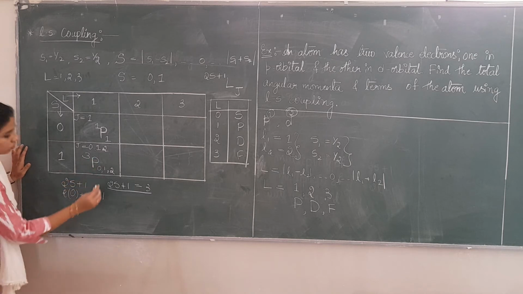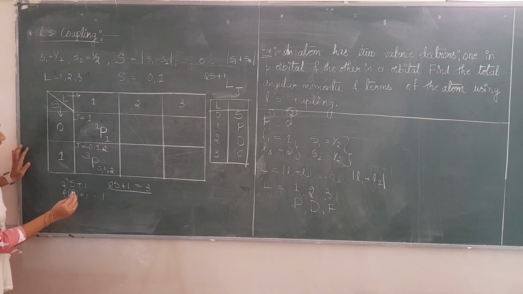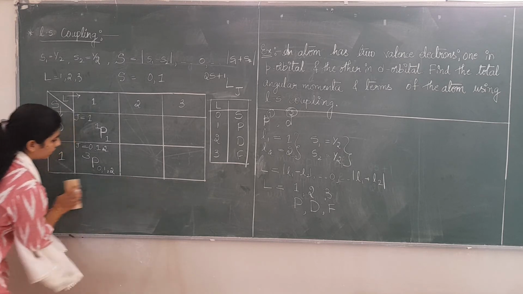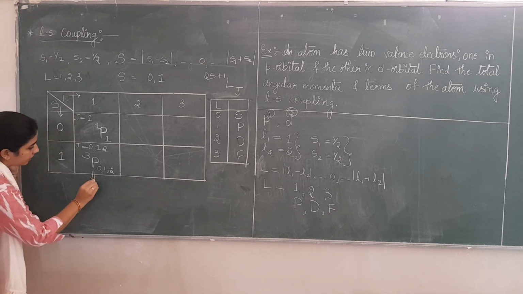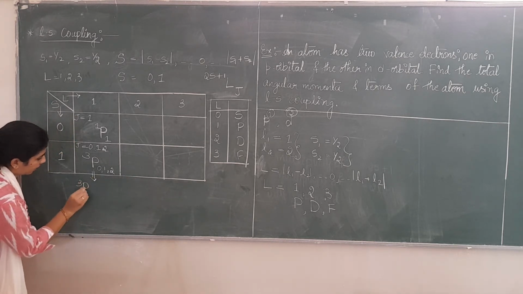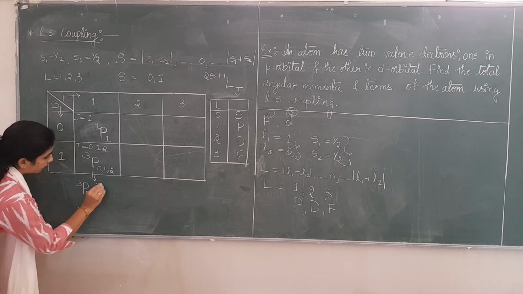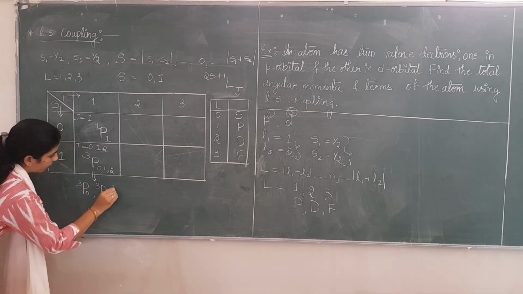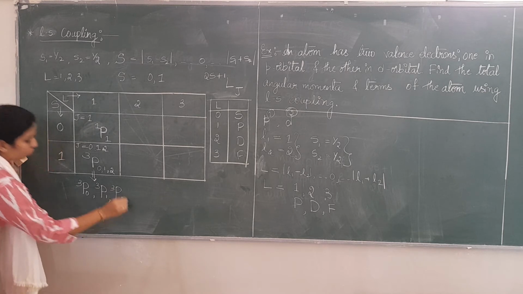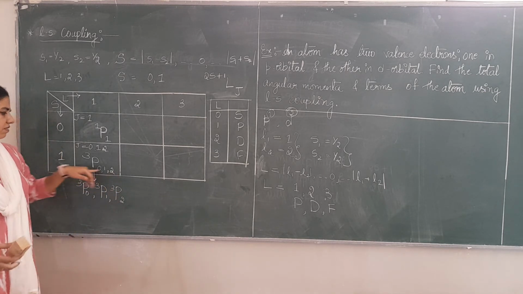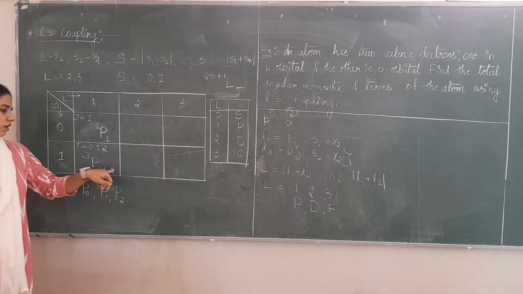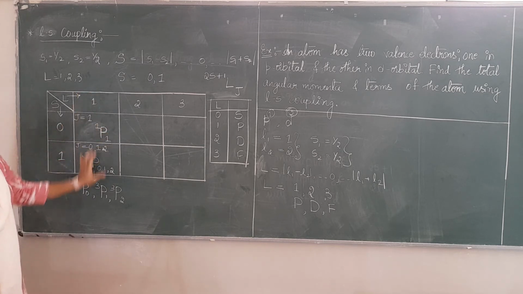So you can write this in another way. This can also be written as 3p0, 3p1, 3p2. So instead of writing 3 term values, we can write here only 0, 1, 2. Right? This column is over.